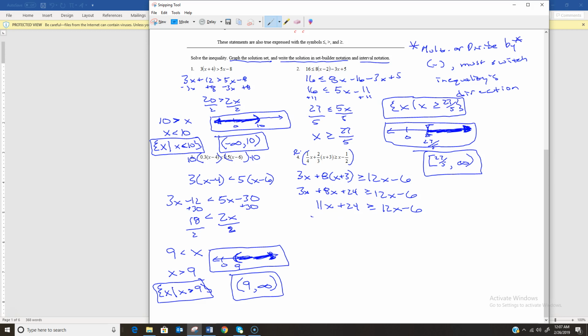I'm going to subtract 11x and add 6, and we get that 30 is greater than or equal to x. Put the x on the left side where it belongs, and I get the set of x's where x is less than or equal to 30.